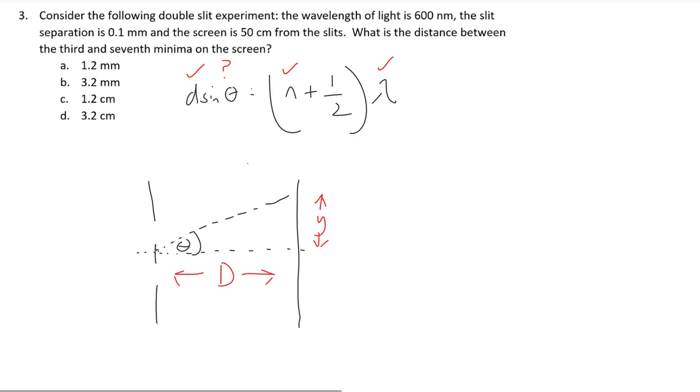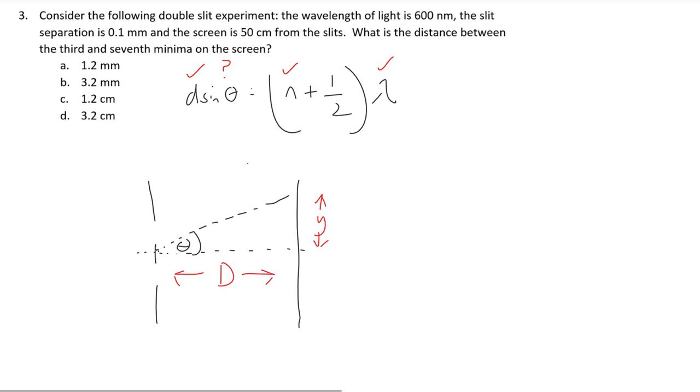If we consider theta the angle we are interested in, then y is the opposite and capital D is the adjacent. Since y is typically much smaller than capital D, remember capital D is the distance between the slits and the screen and is therefore typically a macroscopic quantity, whereas y has something to do with the distance between fringes and is therefore a very small number, we can assume that y is a lot smaller than D.